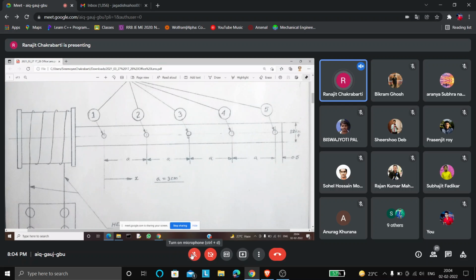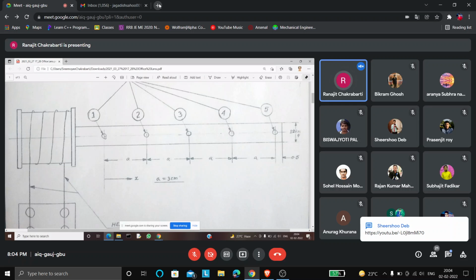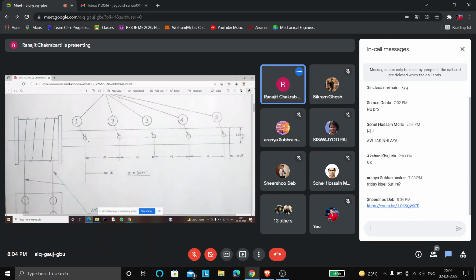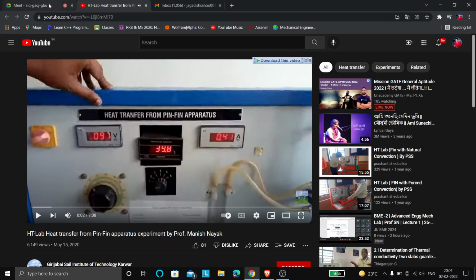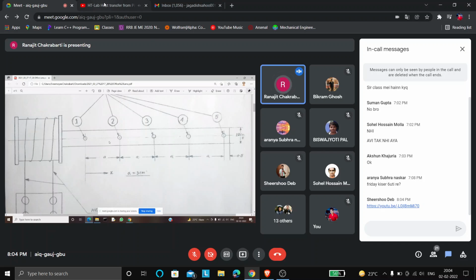If you read the book by Incropera, you will see that in the solution of heat transfer through a fin there are 4 types of boundary conditions. We have considered only one type, where the fin temperature is known at the fin base, and the heat transfer rate is considered to be 0 at the fin tip. That is one boundary condition. In another, the temperature is known at the fin base as well as at the fin tip.